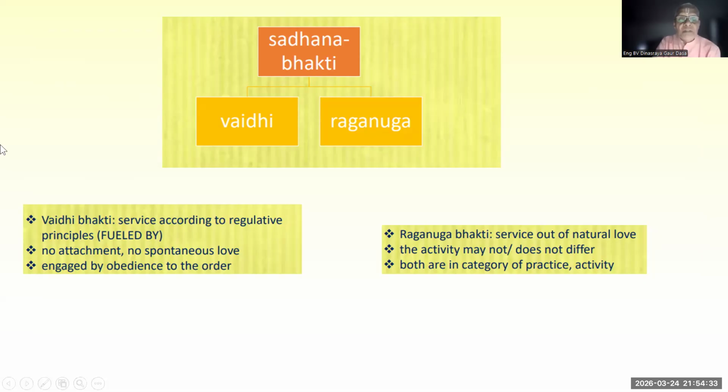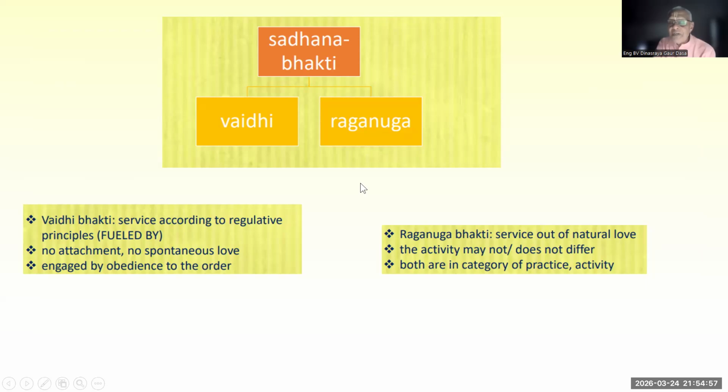So Vaidhi bhakti is service according to regulative principles, which are not fueled by attachment or spontaneous love, but engaged in by obedience to the order of the spiritual master. Somebody, our Namnish Das Prabhu, has told us that everybody will get a certificate only when they attend Mangala Arati, right? So we are in the stage of Vaidhi bhakti.